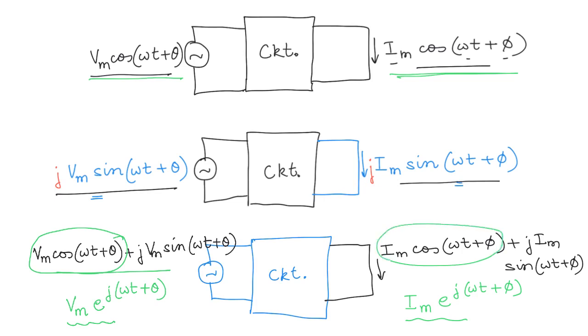So is it possible that our circuit analysis becomes easier when we input a complex exponential and look at the output corresponding to the complex exponential, rather than giving a cos function and looking at the output? That's what we're going to look at in the next video.